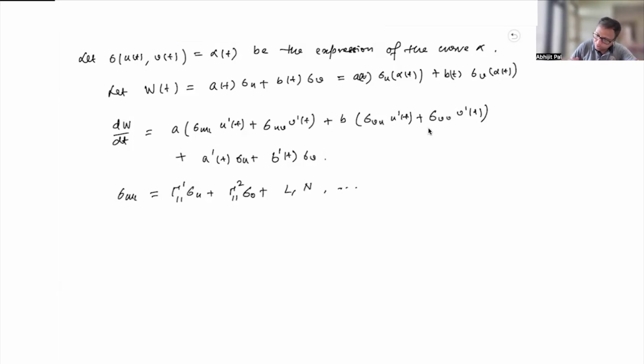Okay. So now note that this capital DW/dt is the normal projection of dW/dt on the tangent space T_alpha(t)S. So if I project this sigma_uu on the tangent plane, this L1 n part will be equal to 0.